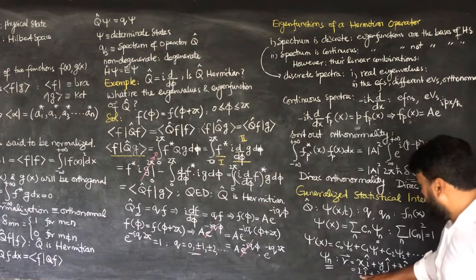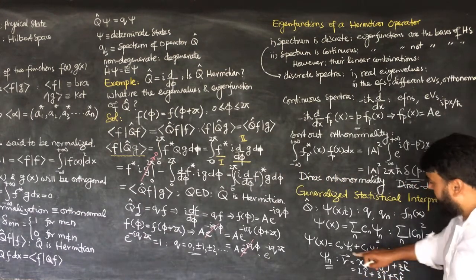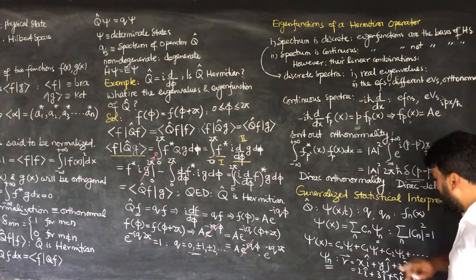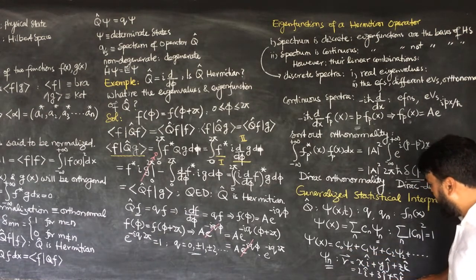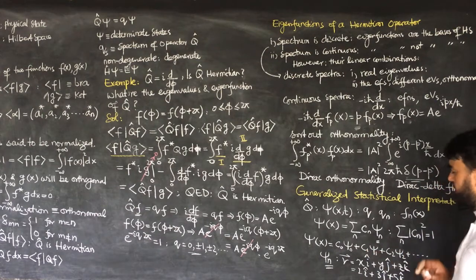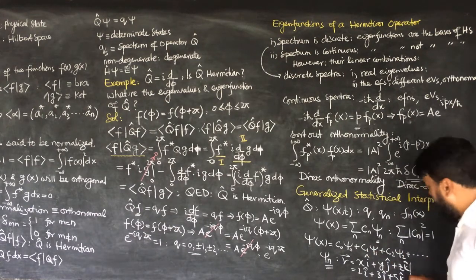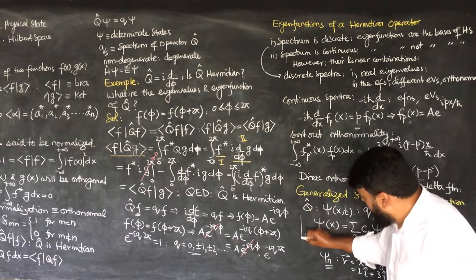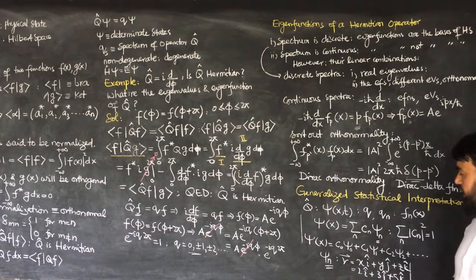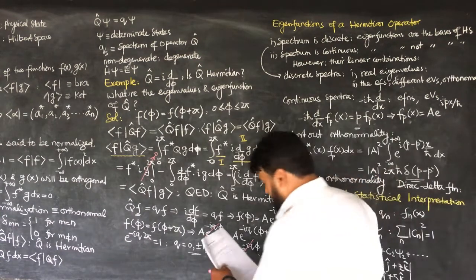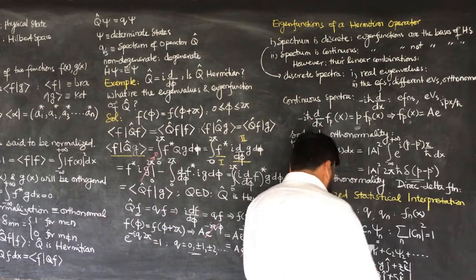So the 2, 3, 5 are actually C0, C1, C2, while i, j, k are psi 0, psi 1 and so on. This is vector space and this is the Hilbert space. So we can write our wave function like that.